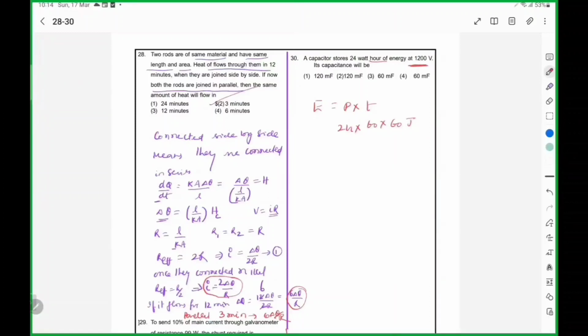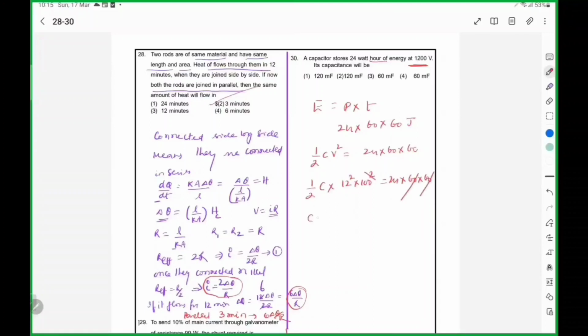At 1200 volts, then what is the capacitance of the capacitor? 24 into 60 into 60, divided by 1200 square. It's 24 into 60 into 60.